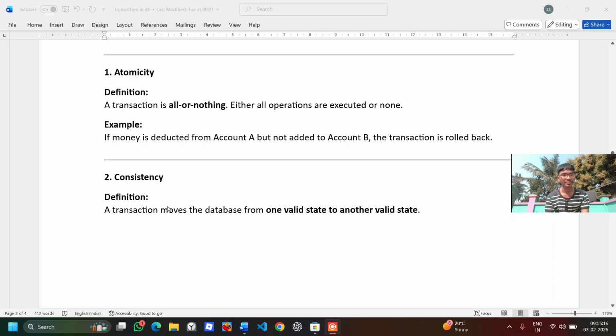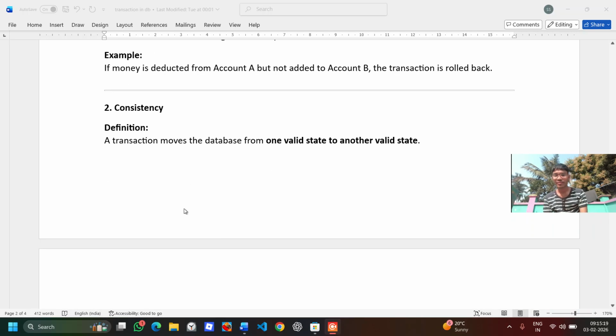Then consistency: moving the database from one valid state to another.